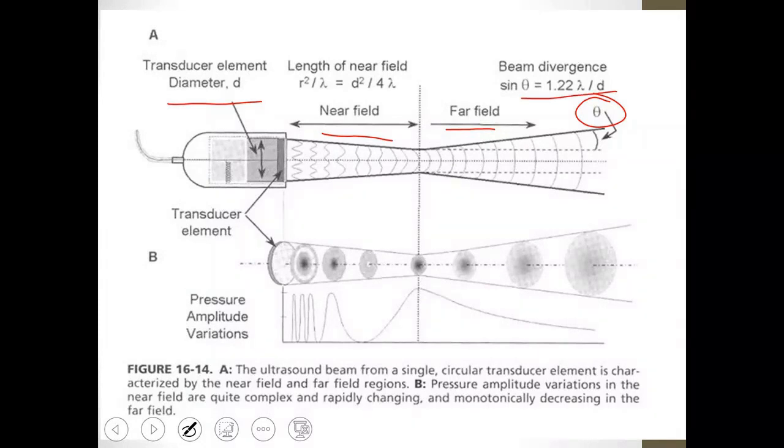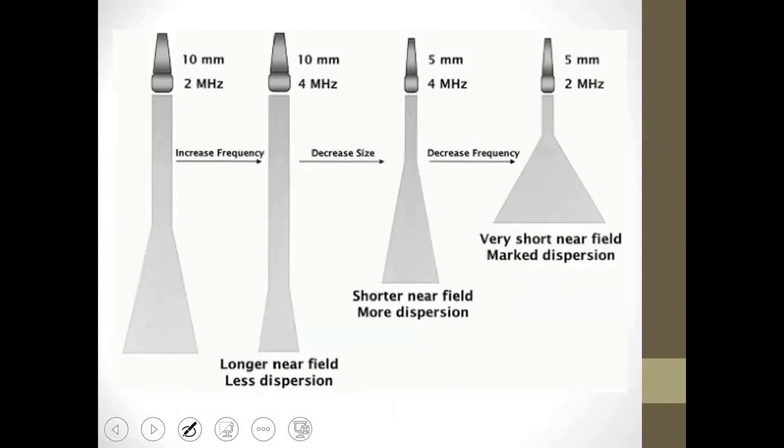You will find that if the frequency increases or the diameter increases, your divergence angle decreases. Don't be surprised, because you are talking about the size of the angle, not the angle itself. Now, let's see. I have a transducer with a diameter of 10 millimeters and a frequency of 2 megahertz. What did I do?